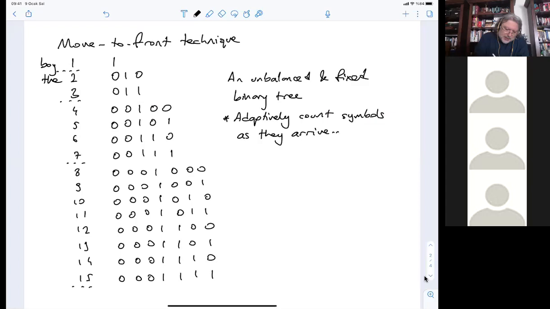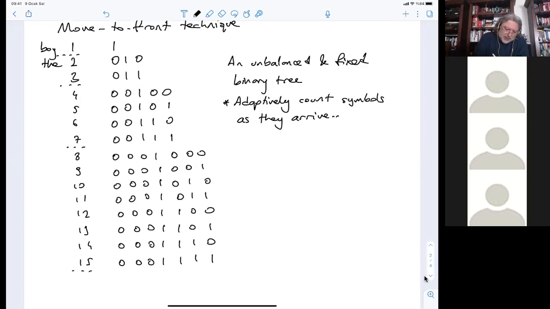So if the next symbol is "the", I will not be emitting a new symbol "the", but I will be emitting 0, 1, 0, because it's in the list.